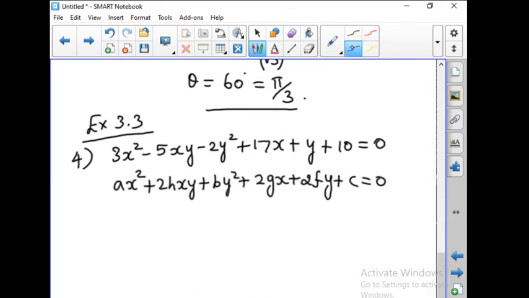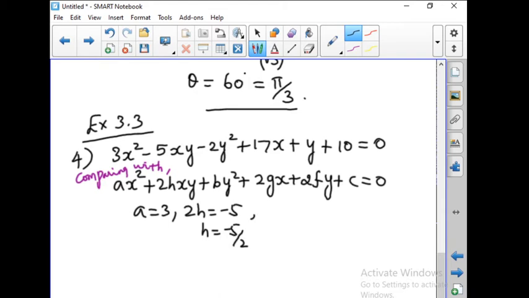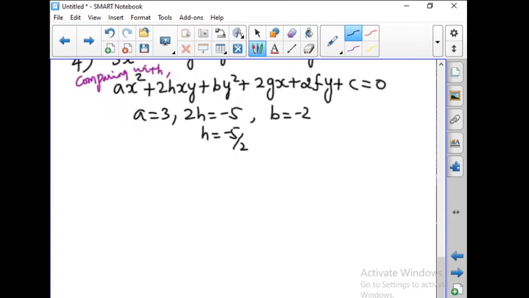So we have to compare the given equation with, comparing with, you are getting this values, that is a is equal to 3, 2h is equal to minus 5. So h is equal to minus 5 by 2 and b is equal to minus 2. நமக்கு இது மட்டும் தெரிஞ்சா போதும், நம்ம g f எல்லாம் வந்து இப்ப கண்டுபிடிக்க தேவையில்லை.